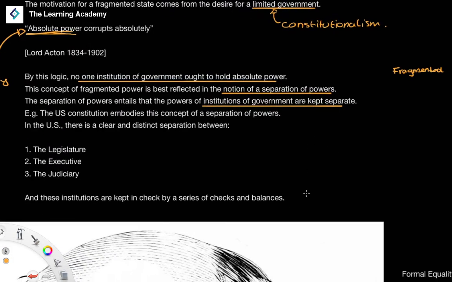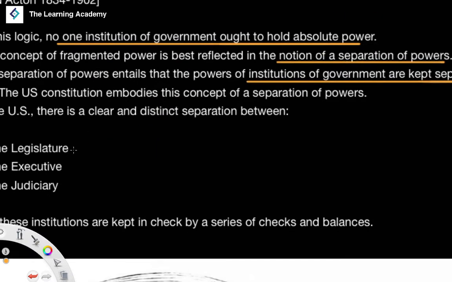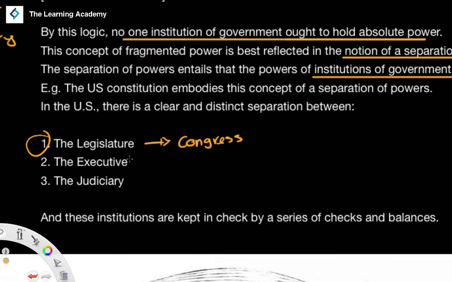So in the United States, there is a clear and distinct separation between the legislature, which at a federal level is represented in Congress, the executive, which is represented at the federal level in the president and the White House, and the judiciary, which at the federal level is the circuit courts and also the Supreme Court. Let's just write the Supreme Court.